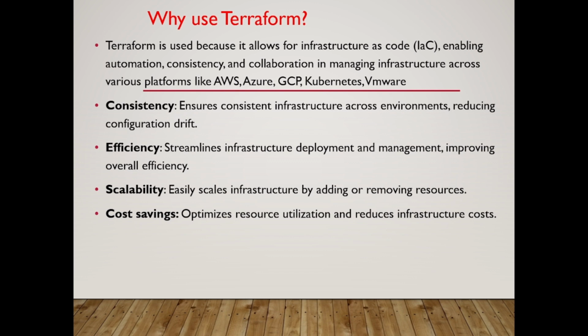So why do we use Terraform? What is the main purpose of Terraform? It is used because it allows infrastructure as code and enables automation, consistency, and collaboration in managing infrastructure across various platforms like AWS, Azure, GCP, Kubernetes, VMware.